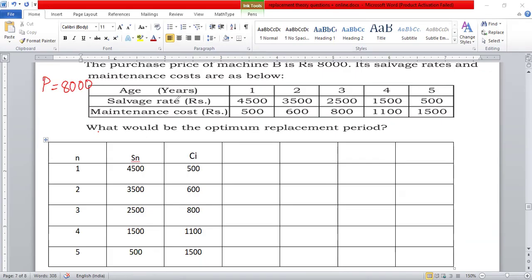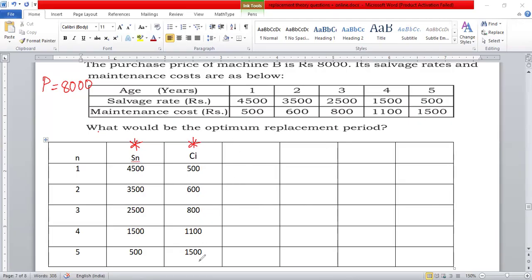And the salvage rate is also given, nothing but S of N, and maintenance cost C of I. So N is 1 to 5th year. The salvage rate S of N: 4,500, 3,500, 2,500, 1,500 and 500.